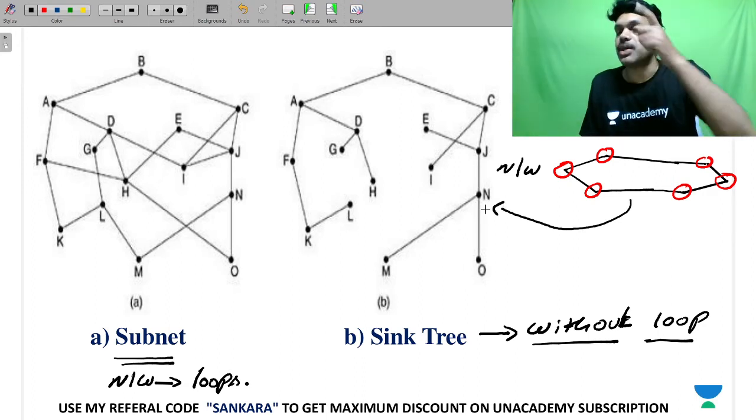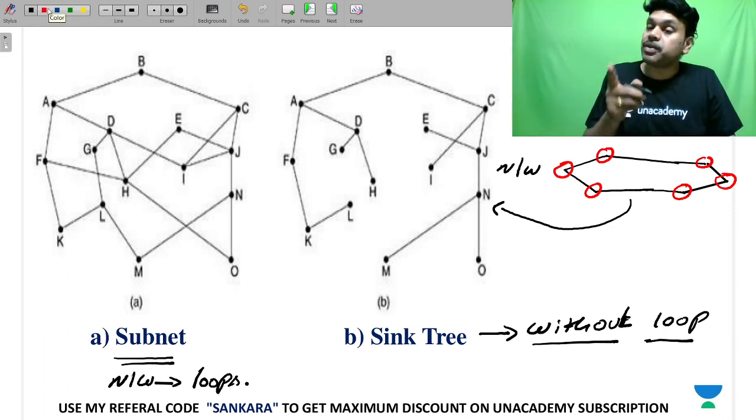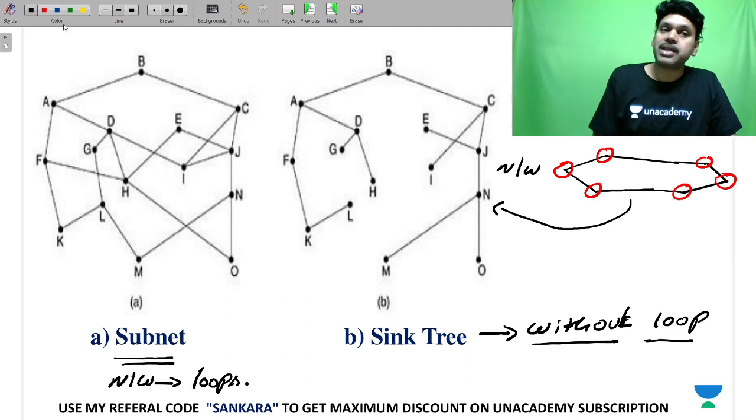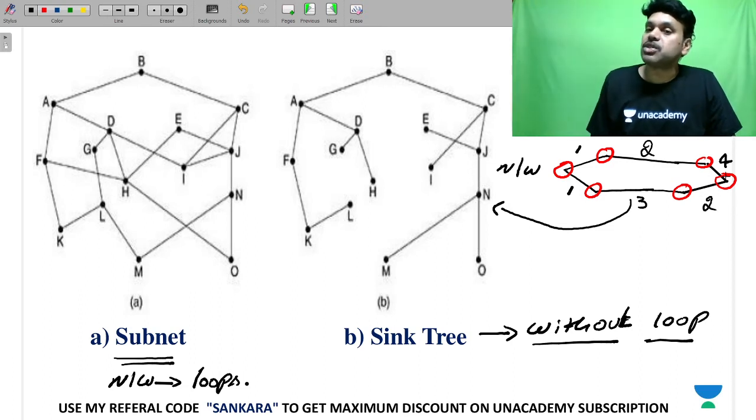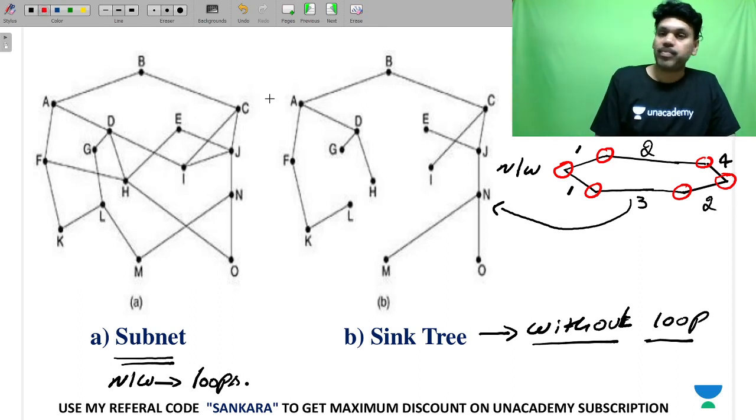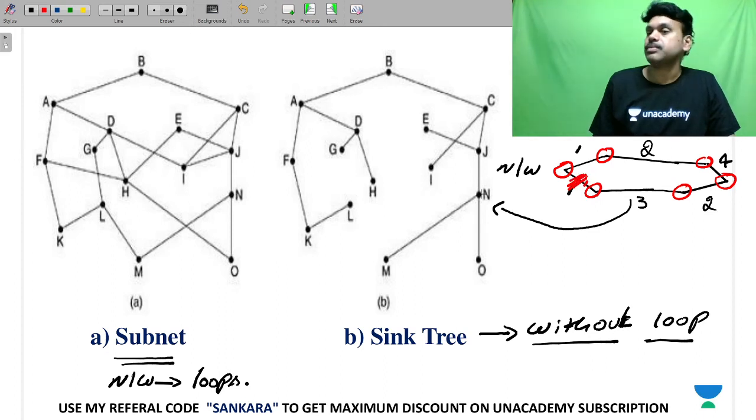A simple logic. What is that? Eliminate one equivalent weight. Eliminate one shortest path. That's it. If I say that this is 1, this is 1, and this is 2 and this is 3, and this is 4 and this is 2, then I can remove this loop. How? As their weights are different, remove this loop. When you remove this loop, automatically there are no loops left.